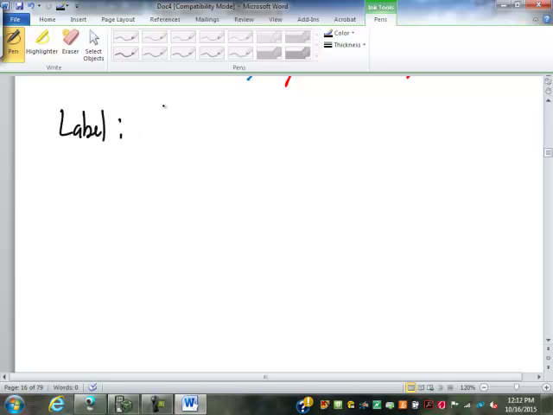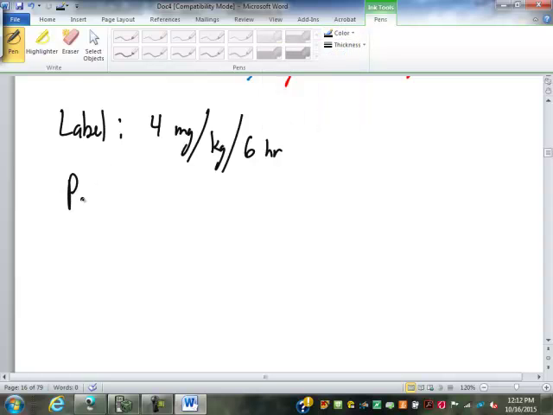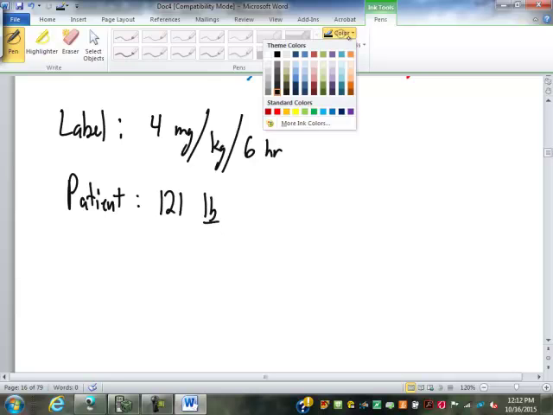So let's say the label states 4 milligrams per kilogram per 6 hours. Patient comes in at 121 pounds.